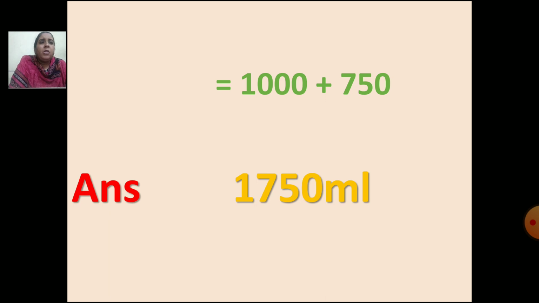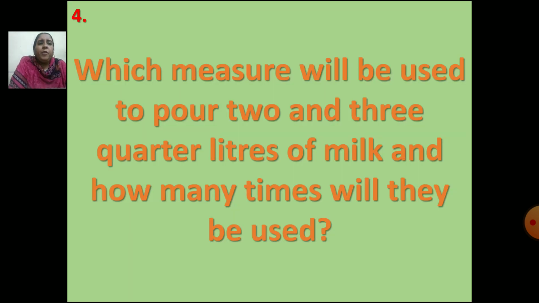Okay. Now, next question. Which measure will be used to pour 2.75 liters of milk, and how many times will they be used? I repeat, which measure will be used to pour 2 and 3/4 liters of milk, and how many times will they be used?